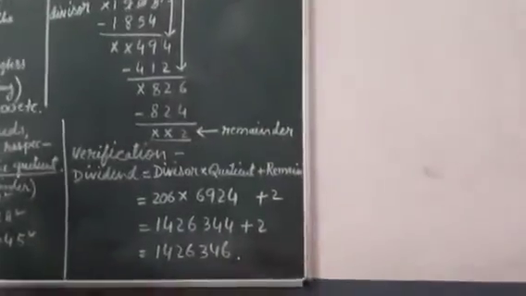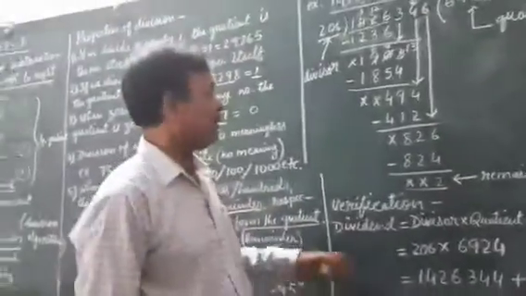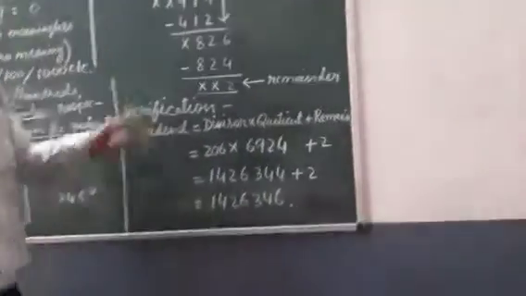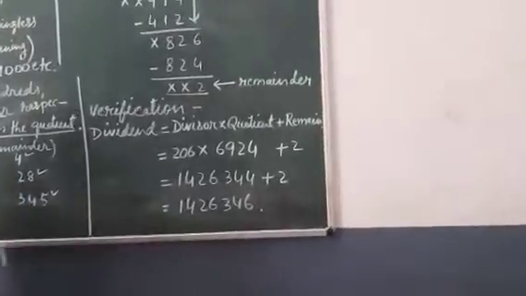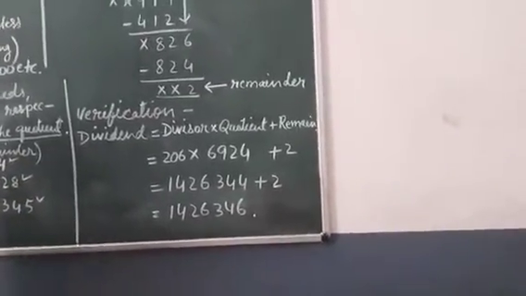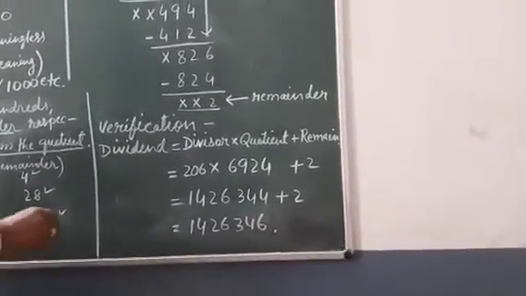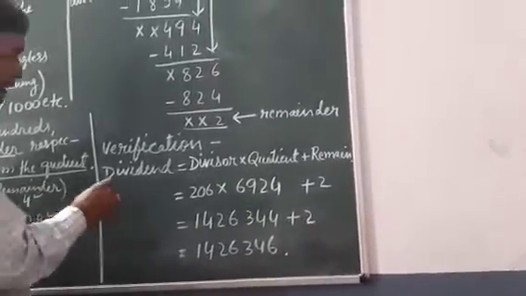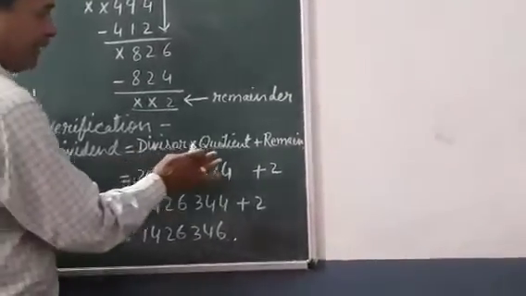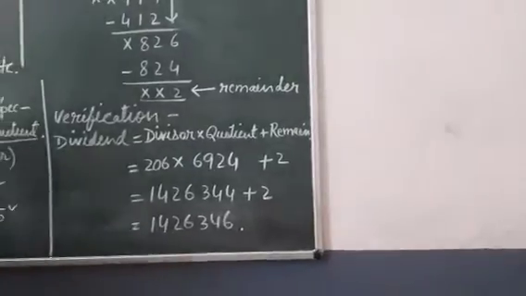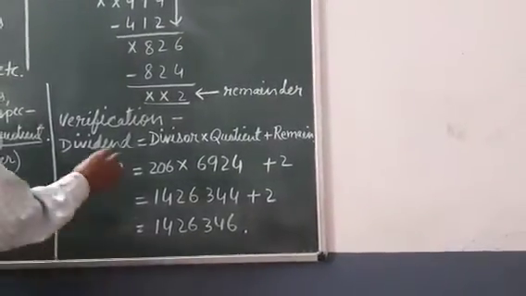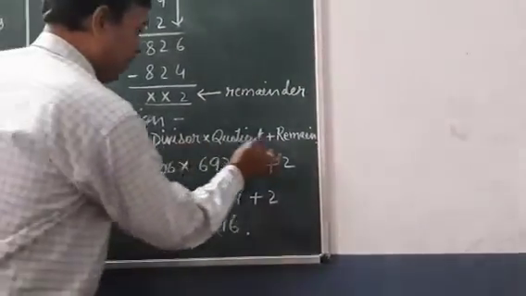Now, how will you be sure that the division that we have done is correct? We can verify our answer using the division algorithm, that is, dividend equals divisor into quotient plus remainder. I have written the algorithm here.